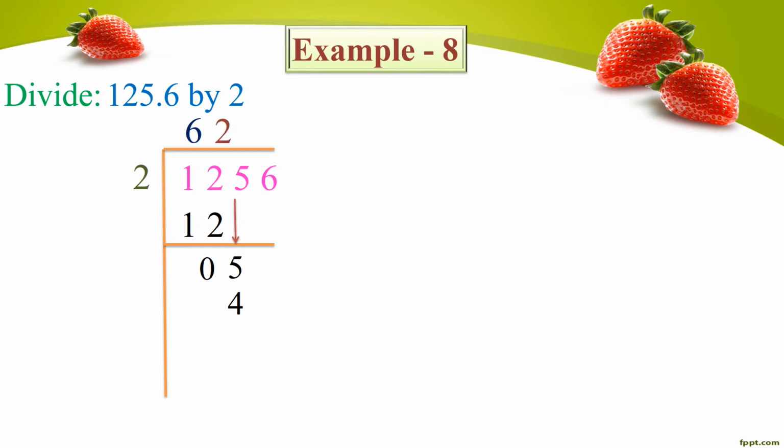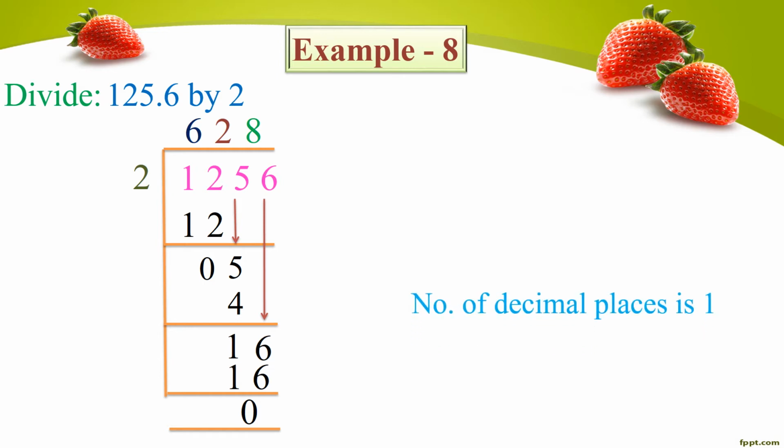2 2s are 4. On subtracting 5 and 4 we get 1. Now bring down the next number 6. Now there is 16. Therefore 2 8s are 16. Now the remainder is 0. Number of decimal places in the dividend is 1.